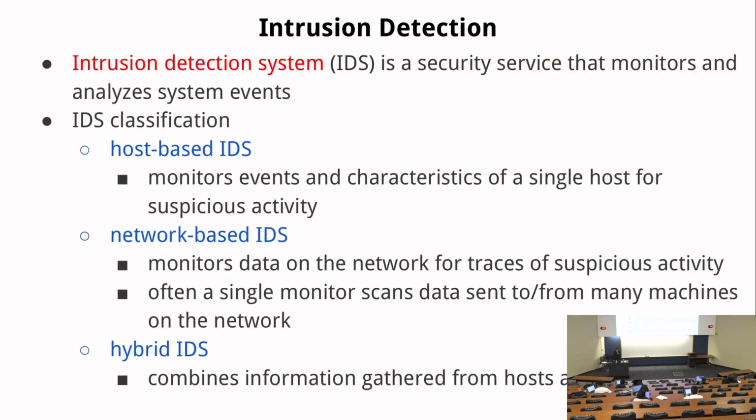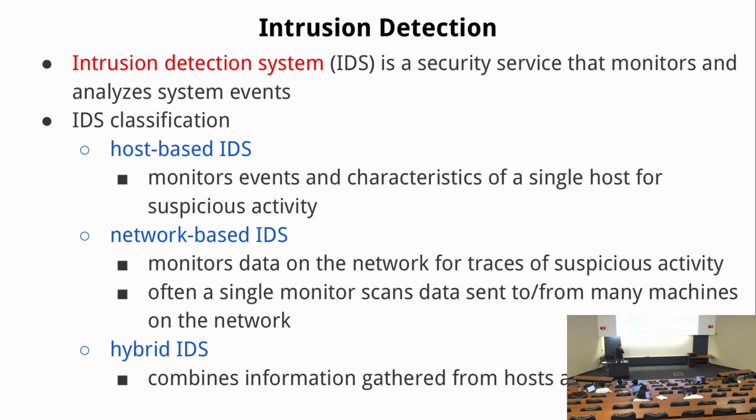So the intrusion detection systems basically monitor and analyze system events. And when they discover something malicious or suspicious, they just raise an alarm. So there could be host-based intrusion detection systems. There has been a lot of work, for example, to monitor the user-end applications.